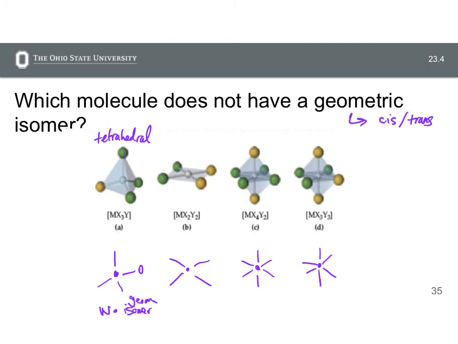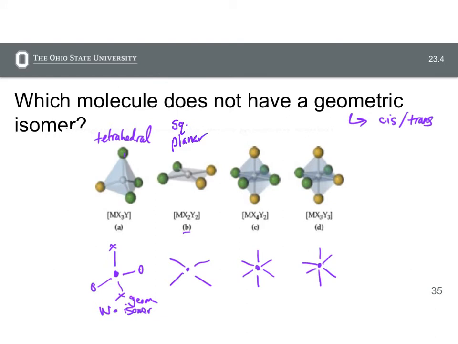Even if we had two atoms of a particular type, we still wouldn't have a geometric isomer with tetrahedral. Okay. Does everyone see why that is? Okay. What about B? First, what's our geometry? Square planar.